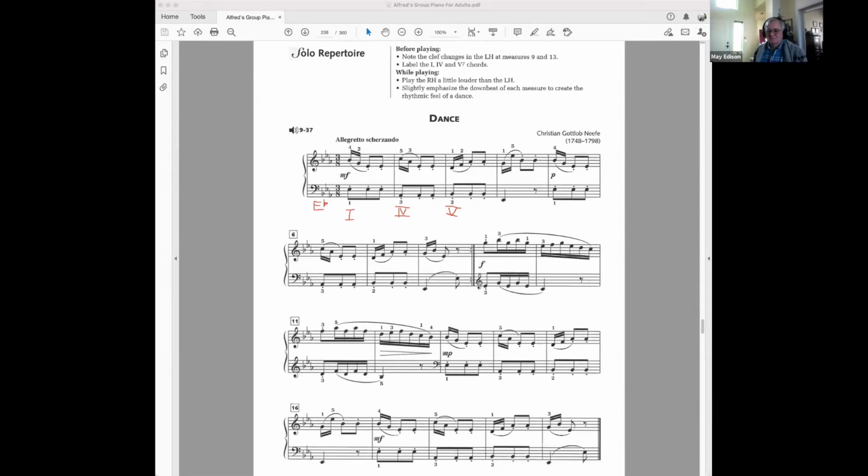All right, so let's go ahead and look at the other one. 335. This is another dance, I believe, by Haydn.